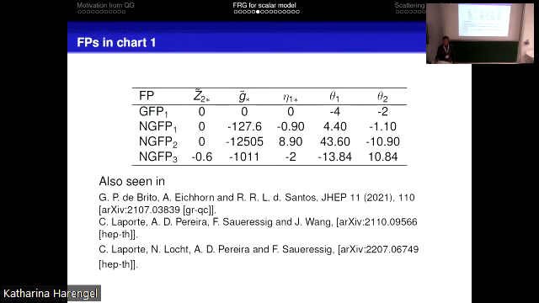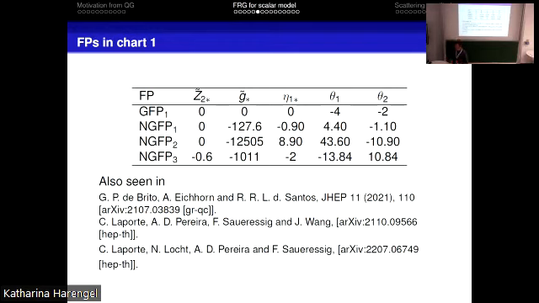And they have some fixed points. There's a Gaussian fixed point here, where all the coupling is 0, and the scaling exponents are just the canonical dimensions of Z2 and G. And then there's a bunch of non-trivial fixed points that we may or may not trust.